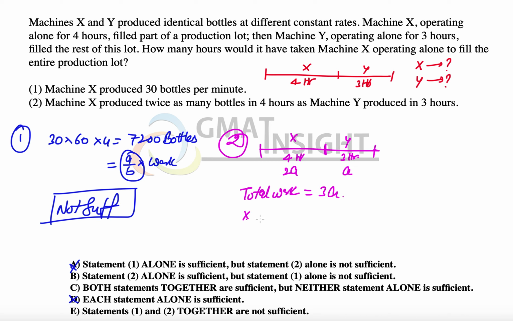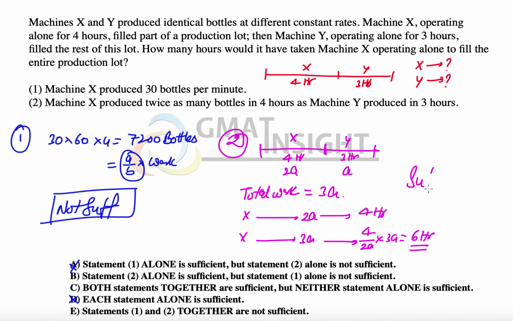And now if X can finish 2A bottles in 4 hours, then X will be able to fill 3A bottles in 4 over 2A times 3A, which means in 6 hours.